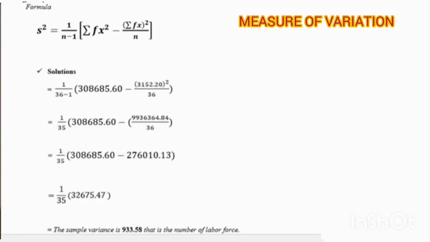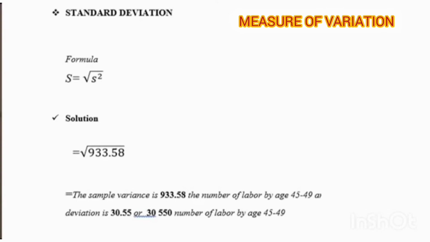Alright, last but not least is standard deviation. That's also quite simple. You can see the formula: S equals the square root of S squared. So if you press the calculator, 933.58, you can get 30.55 or 30550.